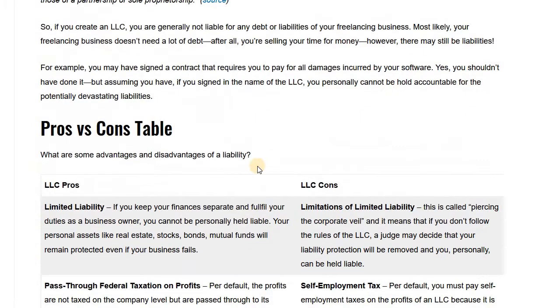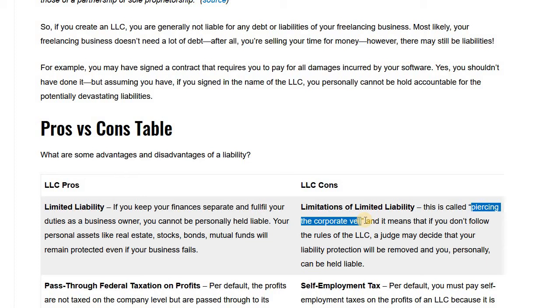There's a statement called piercing the corporate veil, and it's not always so easy, because sometimes there are limitations to this limited liability, and this is if you don't adhere to your legal duties.